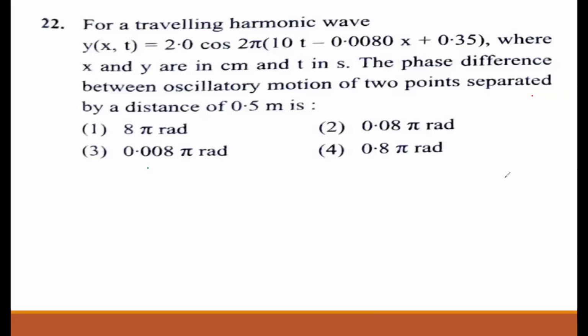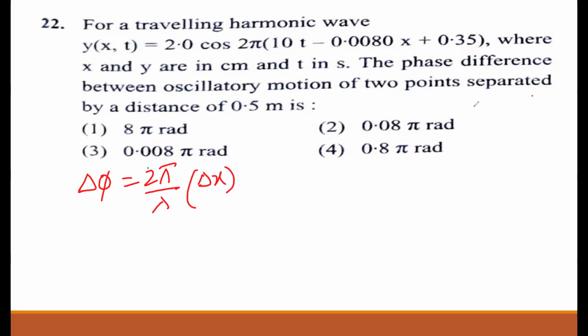Now, coming to the question number 22, we have a traveling harmonic wave. So, the question here is about calculating the phase difference for a distance of 0.5 meters. So, now we have to take phase difference is equal to 2 pi by its wavelength into the distance delta x.